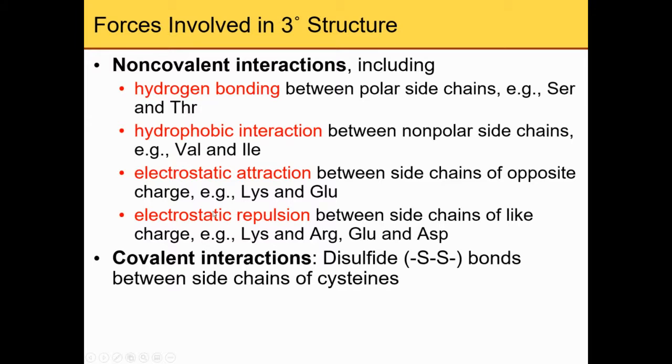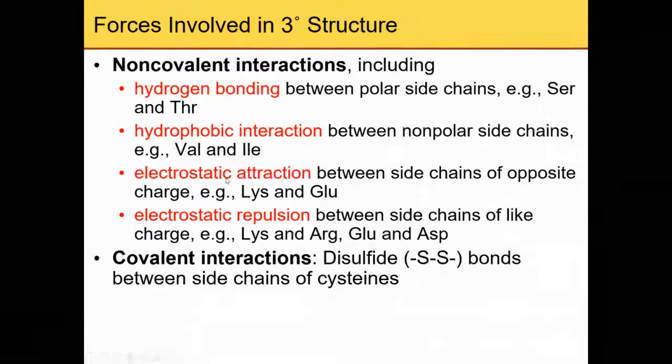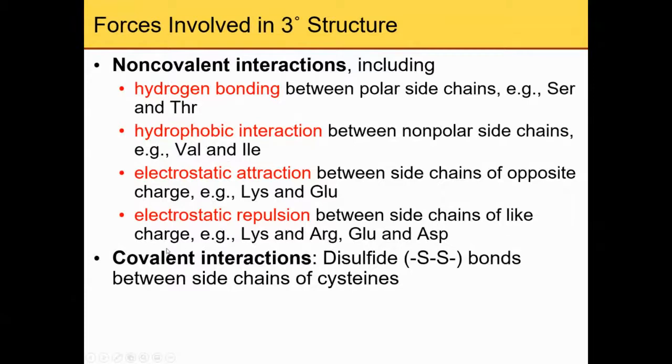And then you have the repulsion of like charges, plus the disulfide bond, that's a covalent interaction, between the cysteines. So these interactions contribute to the tertiary structure. So you have non-covalent and covalent.